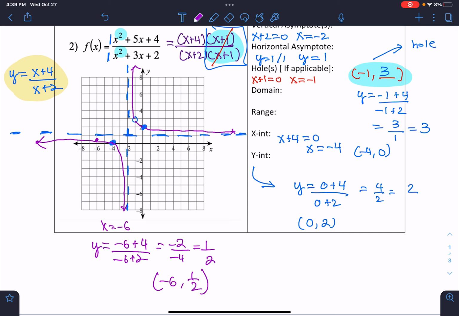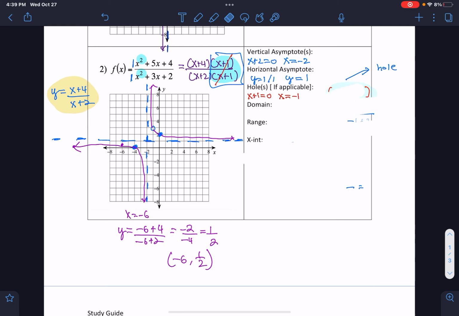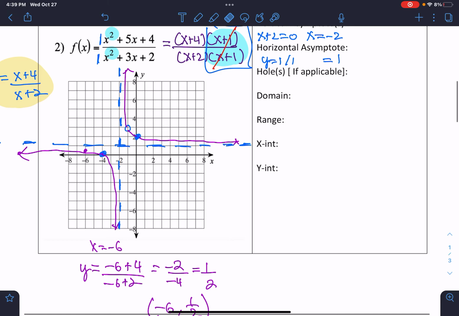Now let's do our favorite part, which is our domain and range, and probably one of the more confusing parts. For our domain and range, we're going to start from the left at -∞, and ask ourselves, when does something strange happen with our x values? Everything is good until I get to -2, because at -2 you have a vertical asymptote.